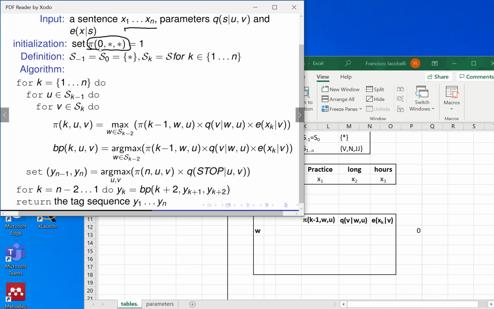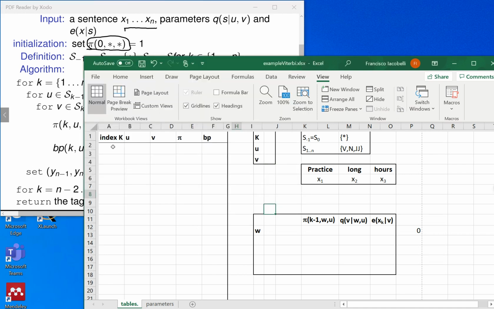The integer indicates the number of a word, and these are tags, possible tags. Okay, so we're going to initialize pi of 0 star star to 1. Let's do that. So pi of 0 star star, the pi value of this is going to be 1.